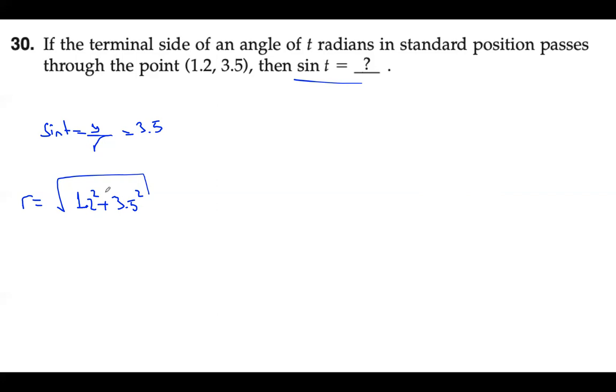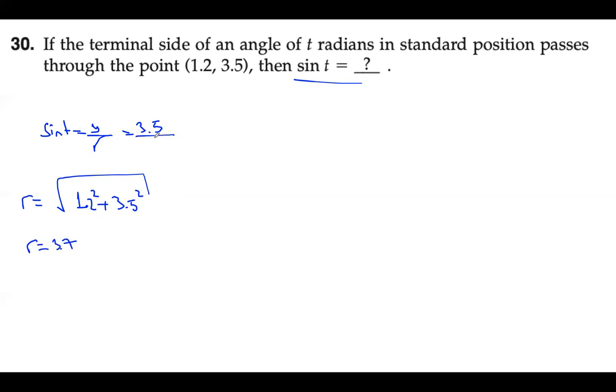Also, I want to use brackets. Yeah, the answer is exactly 3.7. You write square root of 1.2 squared plus 3.5 squared in the calculator, it will give you r as 3.7.